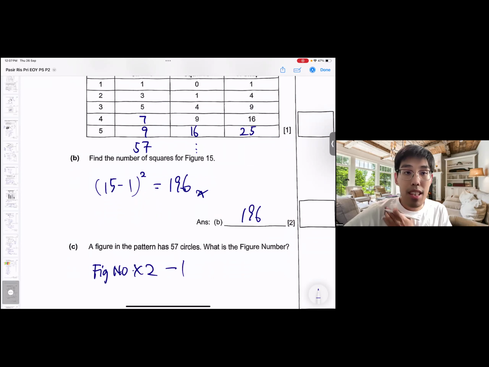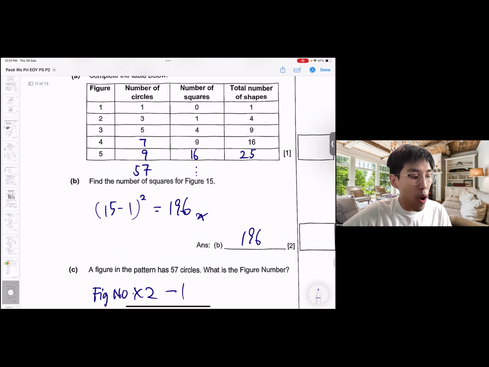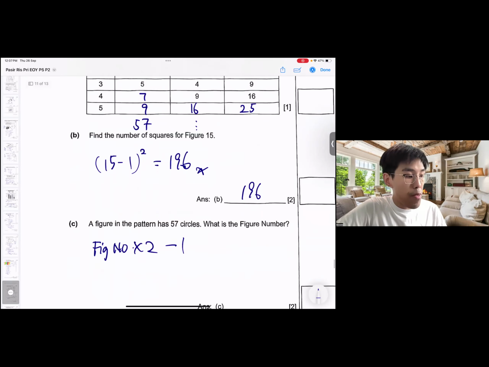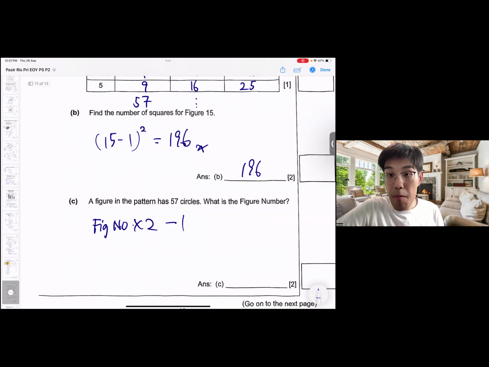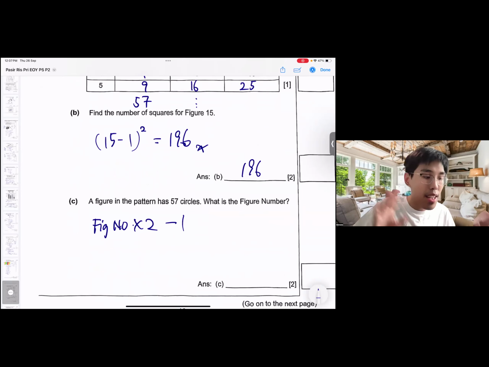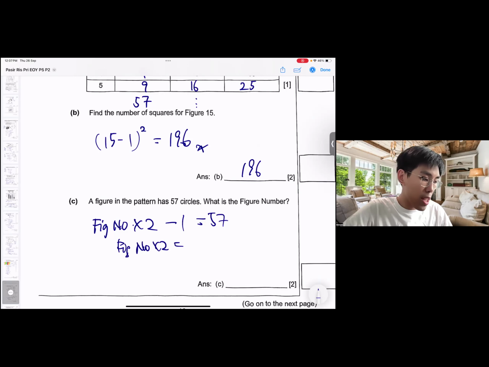So 2 times 2 is 4, 4 minus 1 is 3. 3 times 2 is 6, 6 minus 1 is 5. 4 times 2 is 8, 8 minus 1 is 7. So we follow this pattern. The figure number, which we don't know, times 2 minus 1 gives me 57. So the figure number times 2 gives me 58. So what is the figure number then? 29.